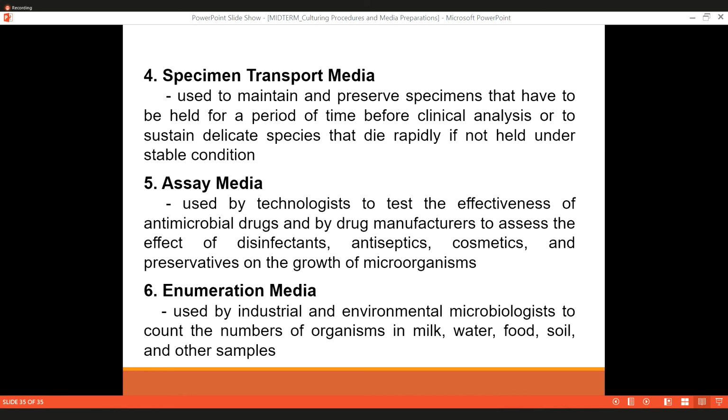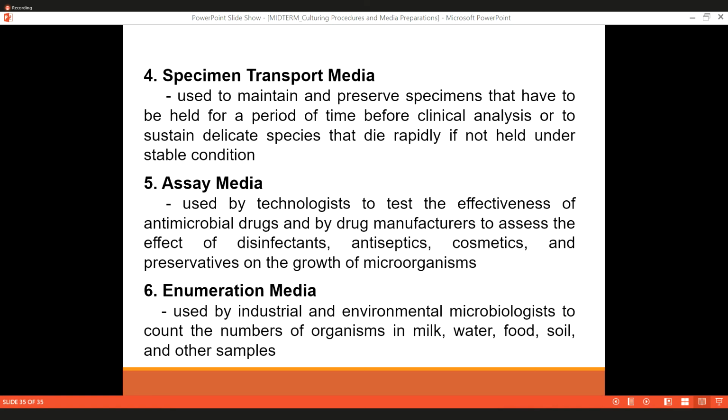We also have the assay media. This is very useful and common for our pharmacy students or pharmacists, especially if they want to determine the efficacy or if a plant has antimicrobial or antifungal property. Same goes with disinfectants and antiseptics.